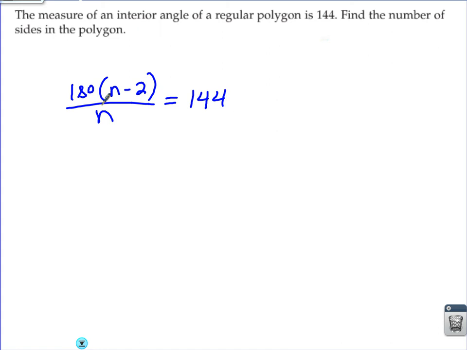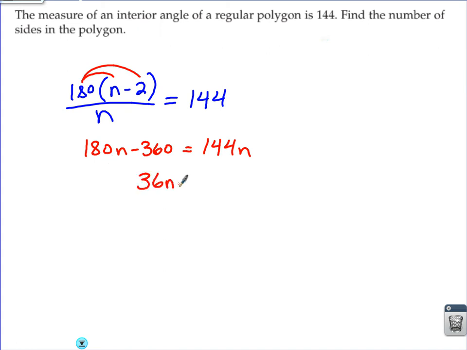First step, I move my n that's on bottom to the other side. And why not go ahead and distribute this at the same time? So you're going to have 180n minus 360 equals 144n. Move all your n's to the left, move your 360 to the right. Carly, move these n's to the left for me. Subtract them off. Tell me how many n's I now have. Good.